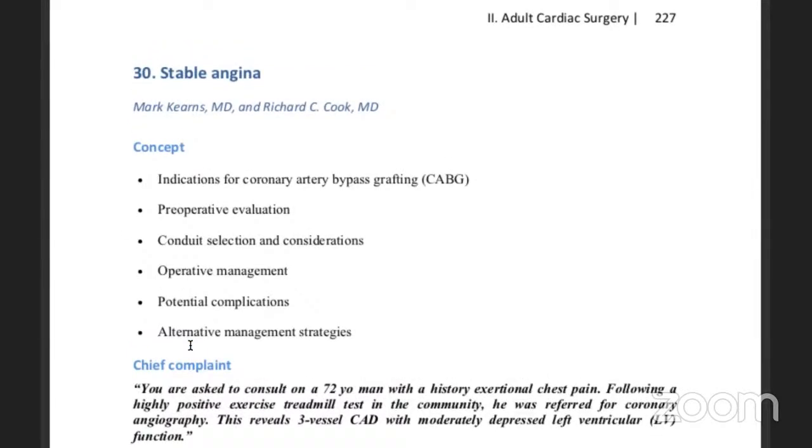What will you do? You first should take a full history from the patient and know what's going on. You should know the whole story, and not only this one. And you examine, of course.